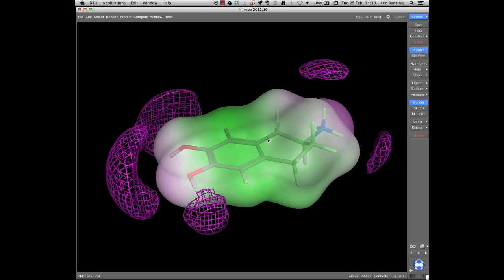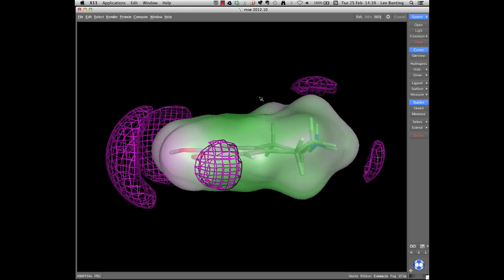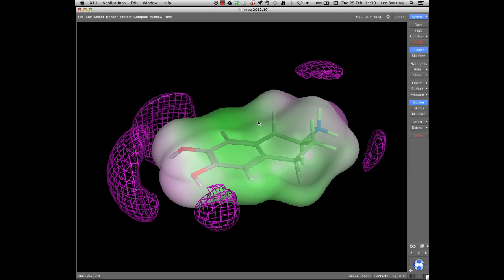The one thing that's good about the molecular operating environment is it's got extremely good built-in help that's accessible, and it's well documented, so it can take users from a very low level to a very high level in a short period of time.